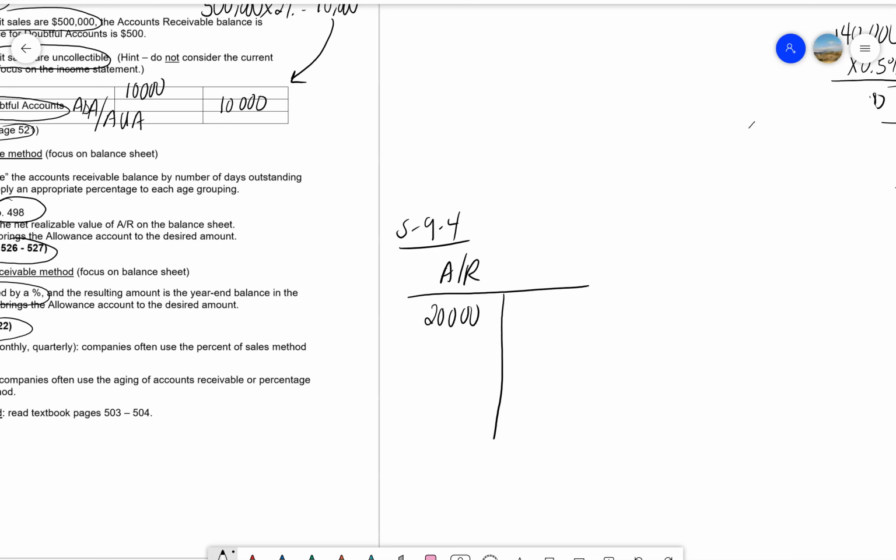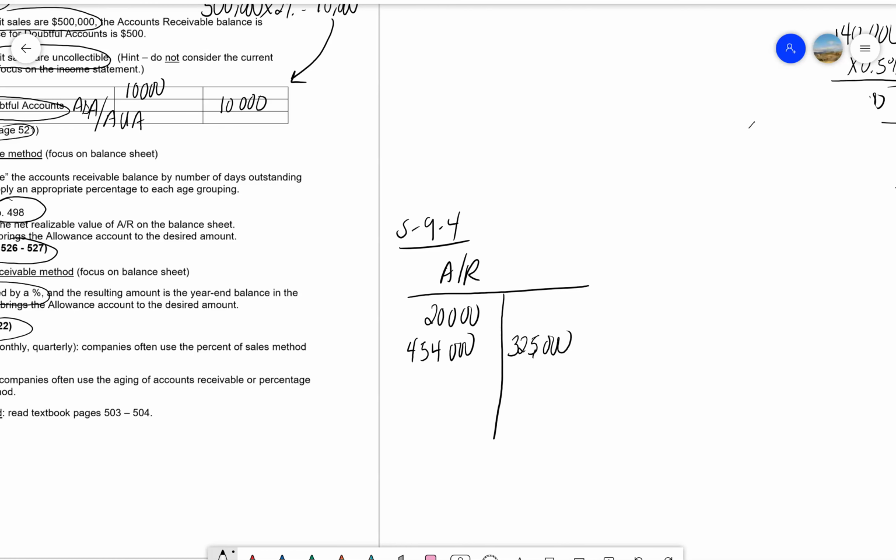Now, during 2020, they earned revenue of $454,000 on account. So that would be an increase to our accounts receivable. They collected $325,000 of that. And they also wrote off $5,600 in receivables as uncollectible.